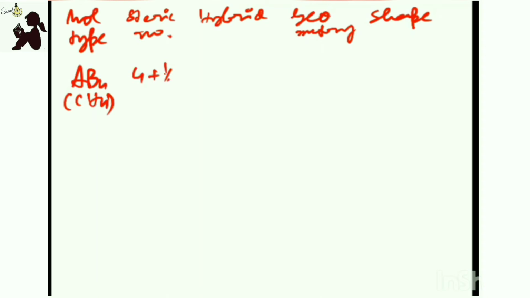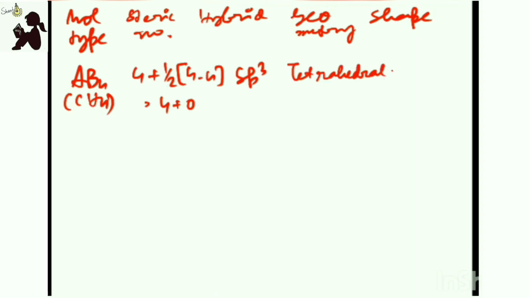So 4 plus half into 4 minus 4. Okay, you are getting it. So it will be sp3. Geometry will be tetrahedral, shape also tetrahedral. Bond angle we all know is 109.28 degrees.